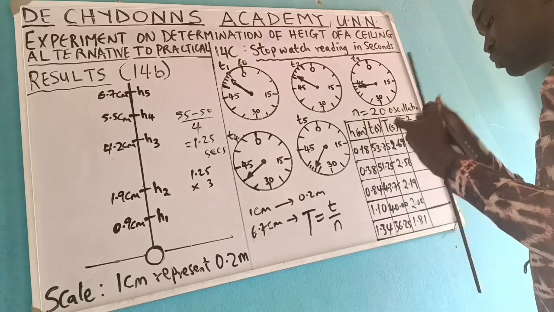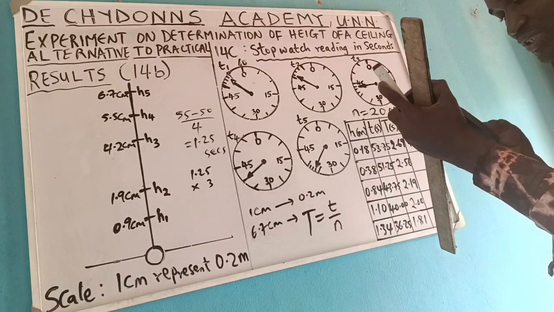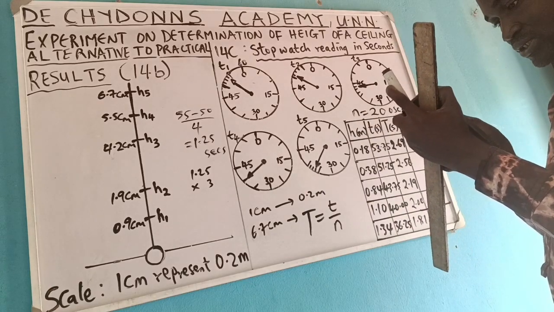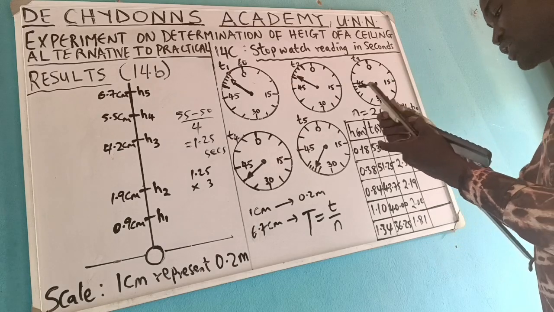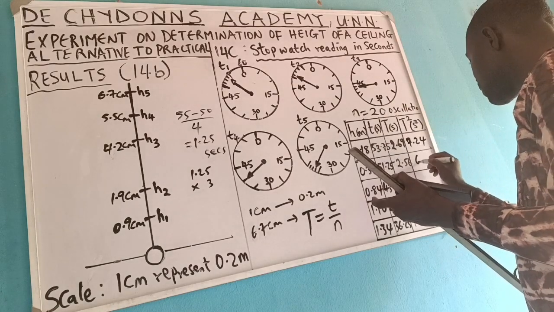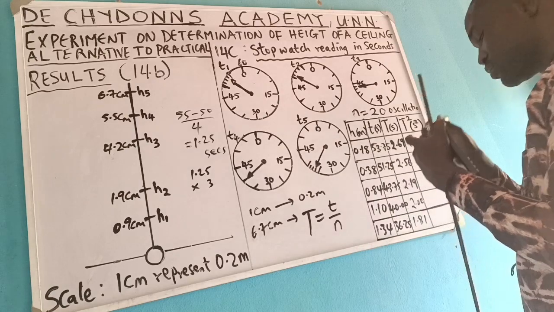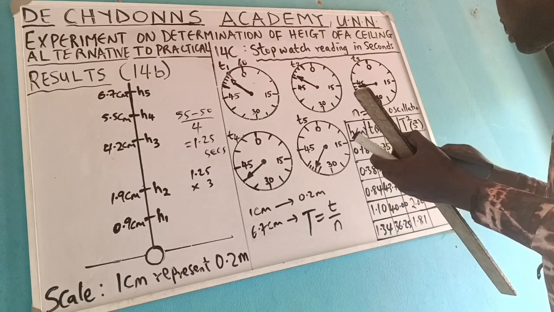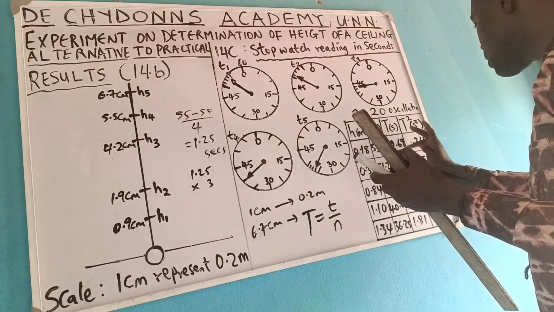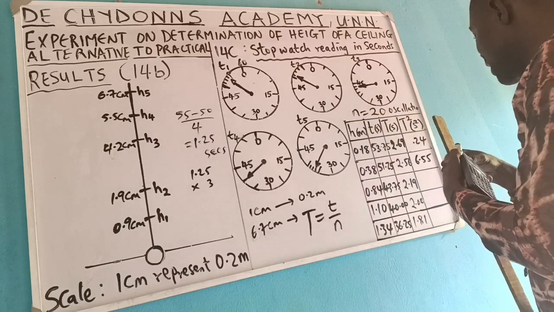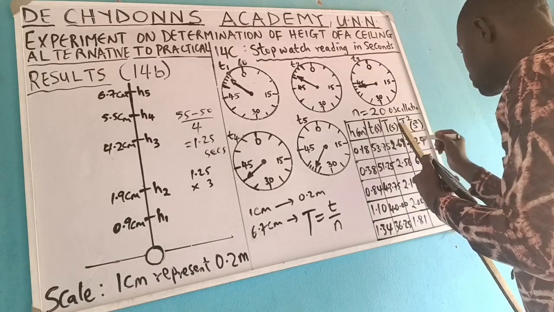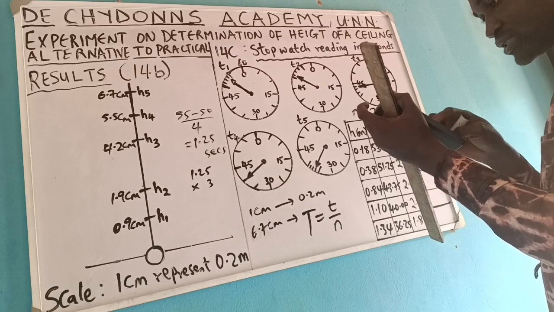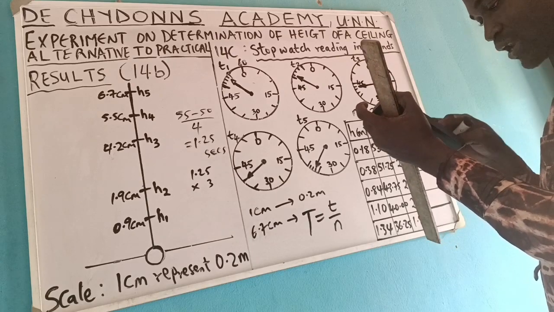Then 2.56 squared gives you 6.55. Then we now say again 2.19 squared.